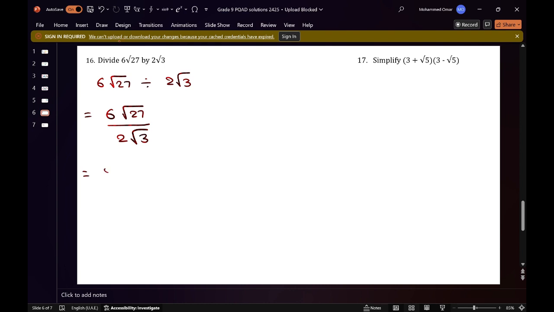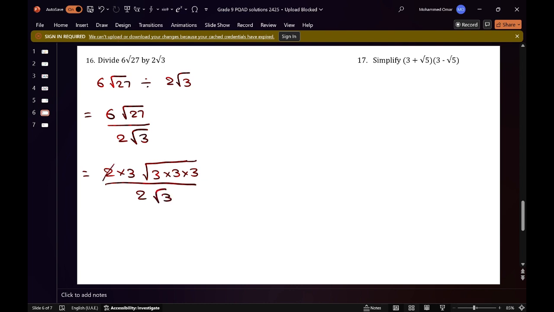6, how will you write? 2 3s are 6. And the square root of 27. When you prime factorize 27, we have already seen that it is 3 times 3 times 3. 3 3s are 9, 9 3s are 27. So you can write it as root of 3 into 3 into 3 under one root, divided by 2 root 3.